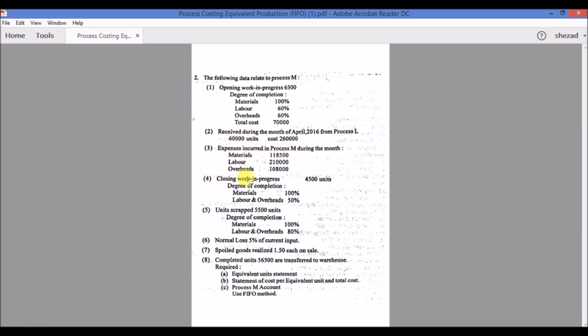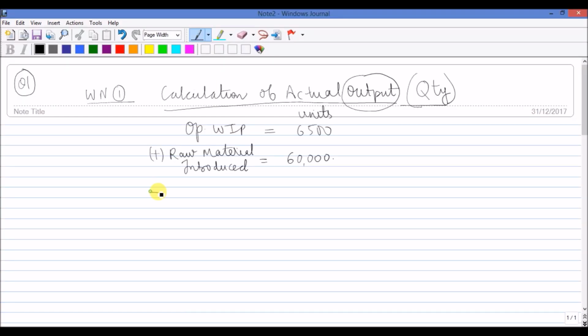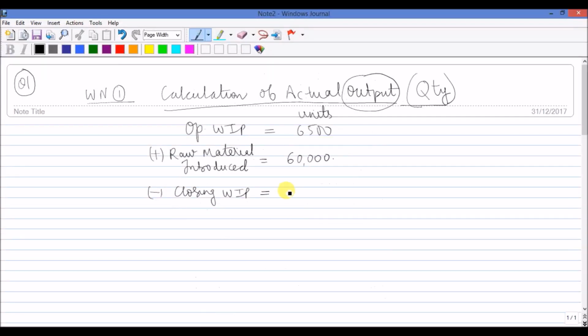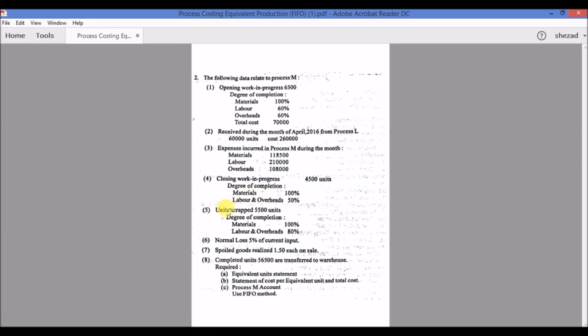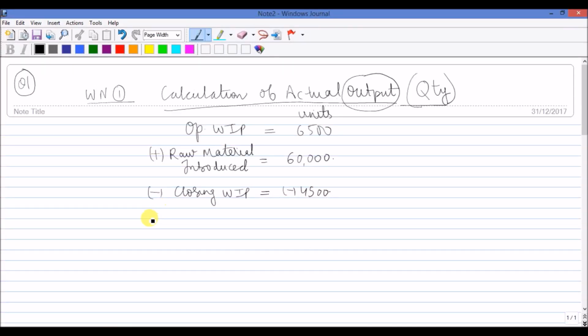Then friends, we have closing work in progress, which is 4,500 units. So we are going to subtract the closing work in progress, 4,500 units. Then we have units scrapped, which is 5,500. So this is a loss.